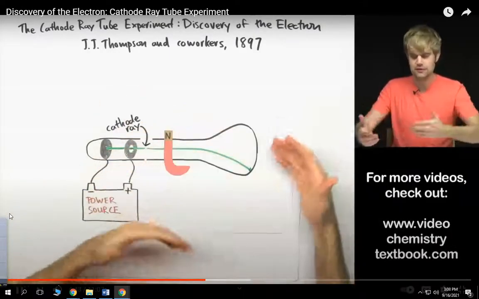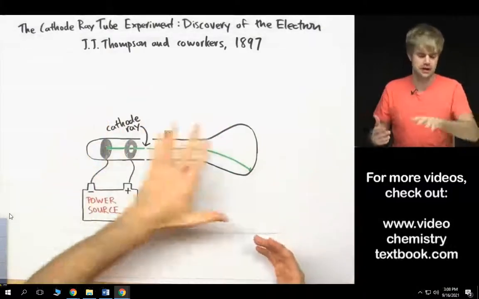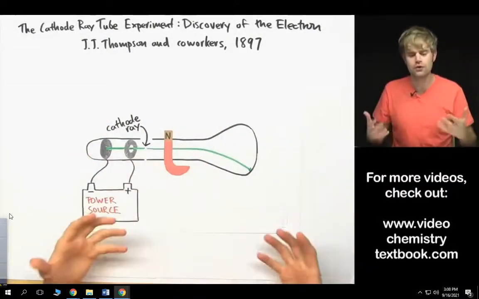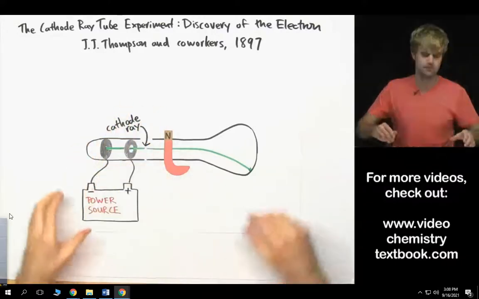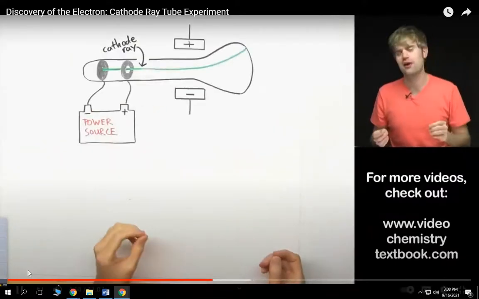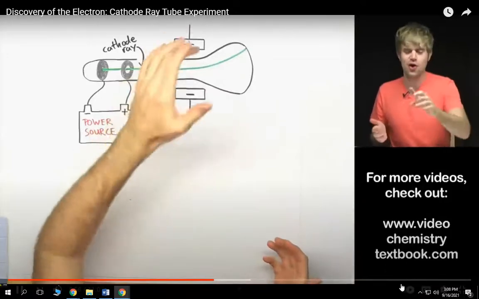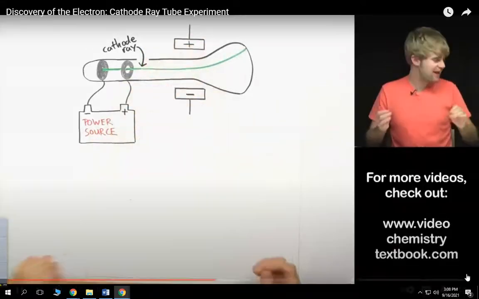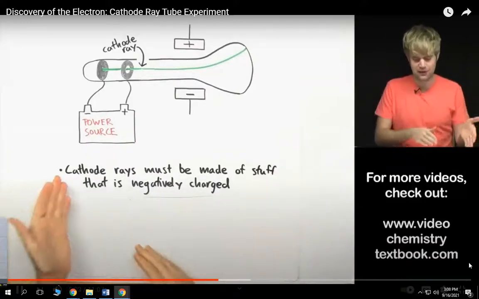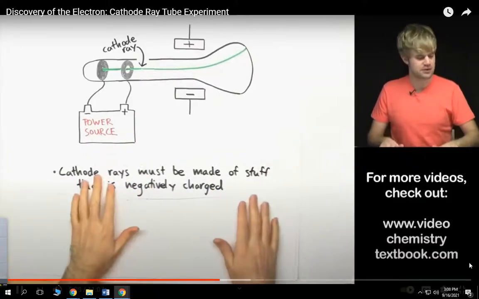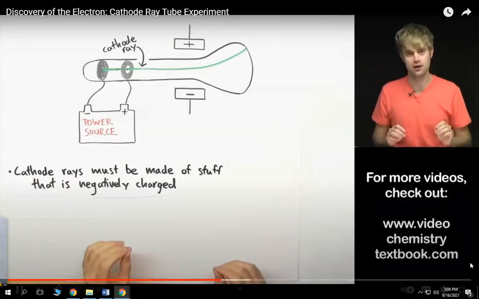So he takes the data that he gets from these experiments, and he's able to draw a few important conclusions about cathode rays and what makes up atoms. Based on the outcomes of the experiments with the charged plates and the magnet, Thompson is able to conclude that cathode rays must be made of stuff that is negatively charged.